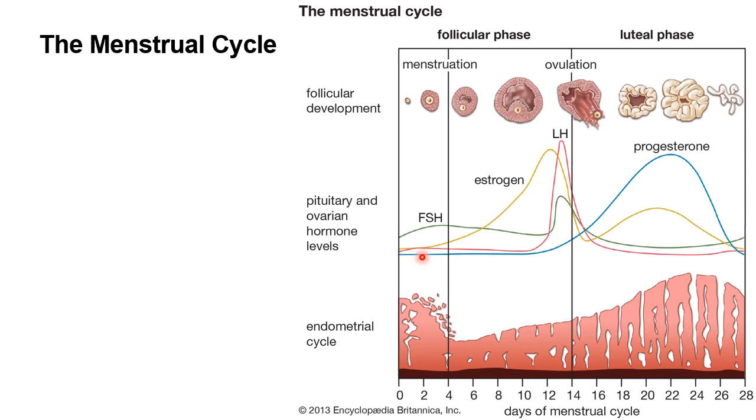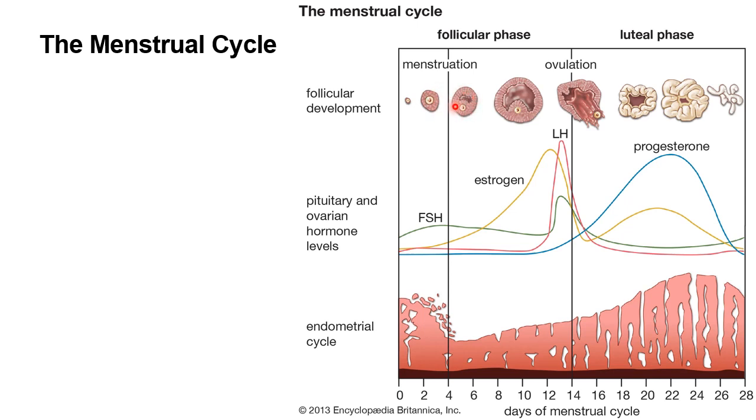So because of the low levels of estrogen and progesterone, follicle stimulating hormone is being secreted by the anterior pituitary gland. As the anterior pituitary gland secretes the follicle stimulating hormone, the follicles develop.